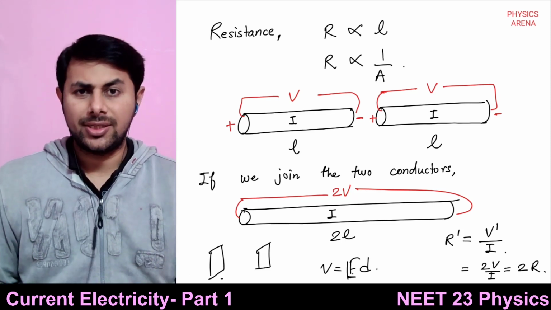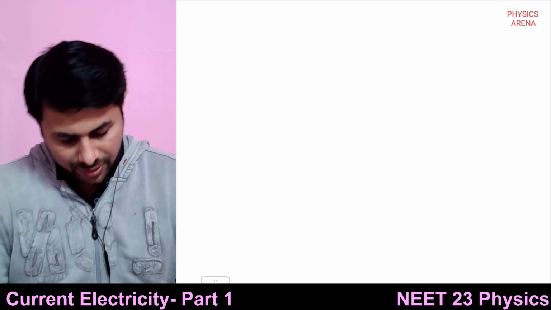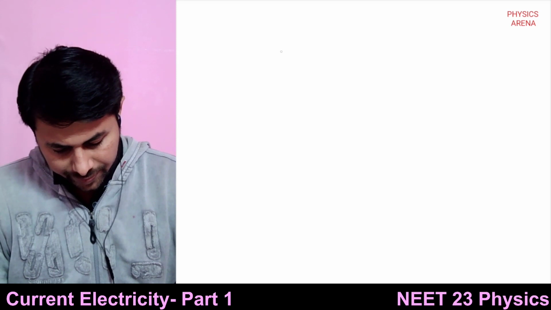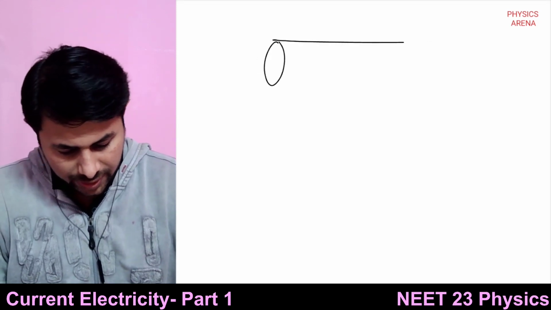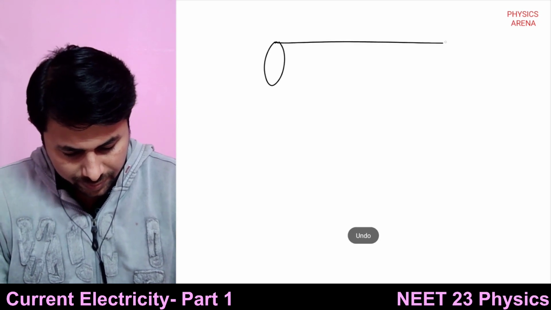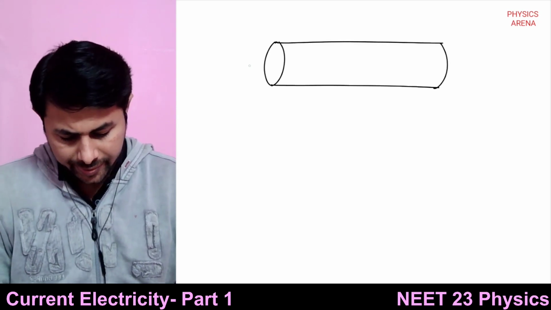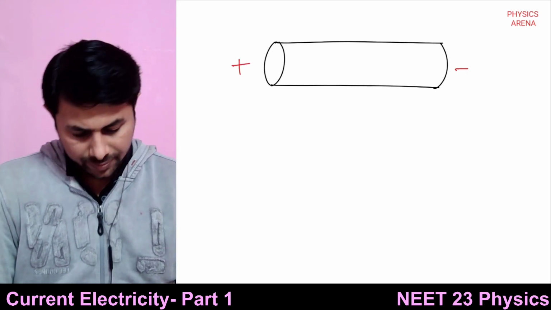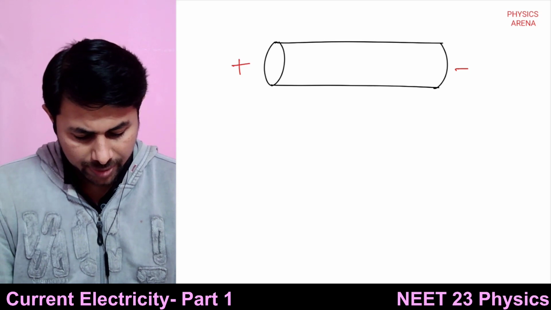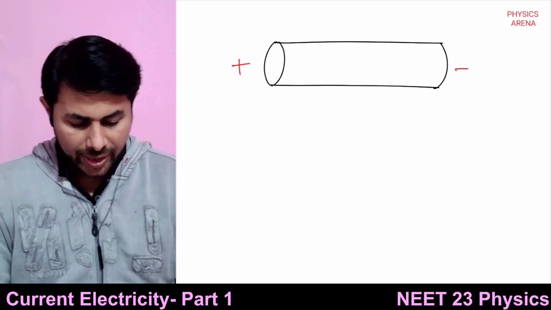Okay, so remember, resistance is what? It is opposition to the flow of charges. Okay, so suppose we consider the cylinder and we apply some potential difference. So I will just draw plus and minus. Okay, we apply some potential difference to the ends of this cylinder. Now what happens?